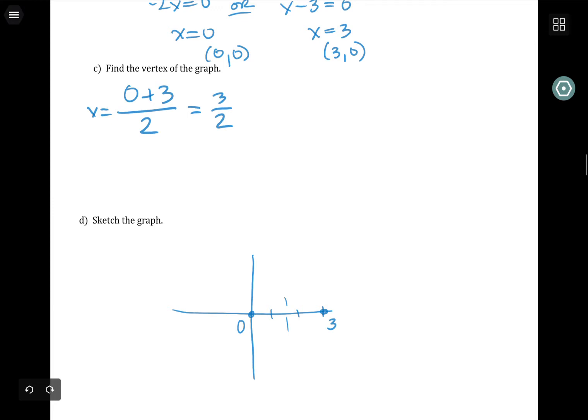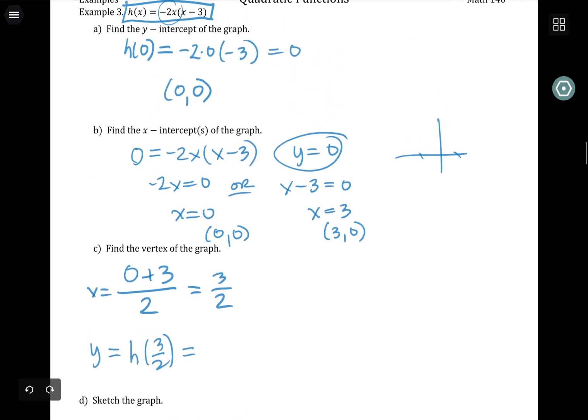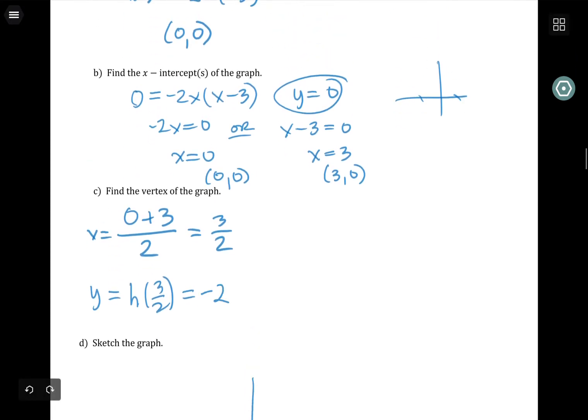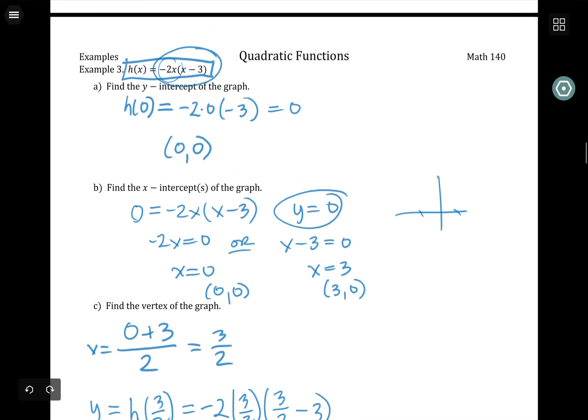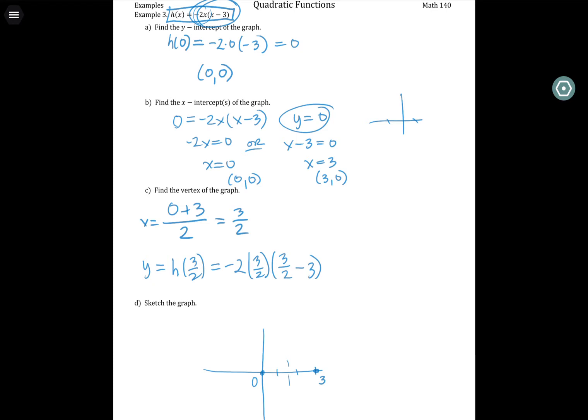So x equals 3/2. To find y, we're going to have to plug in, what was our function h? 3/2. And our function says we need to take negative 2 times our x, 3/2, times our x minus 3, right? That was our original function right here. I'm going to zoom out just a little so we still have that on the page.